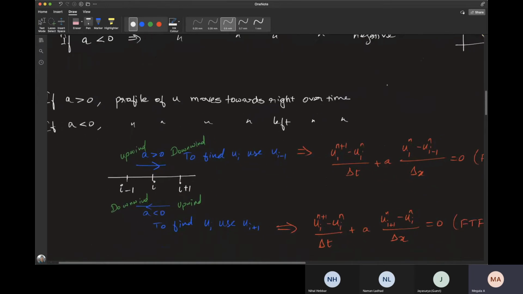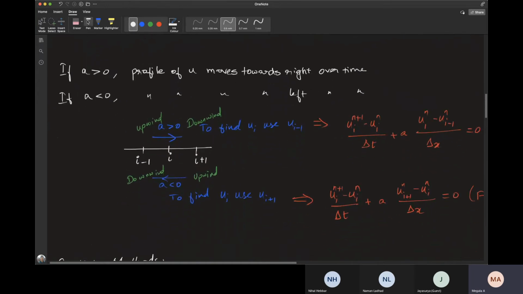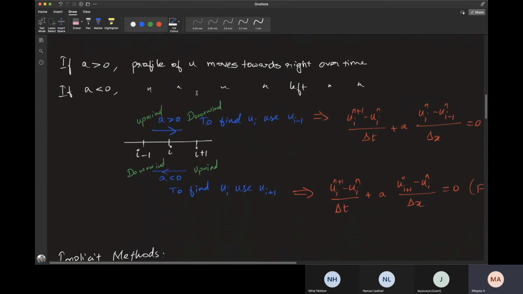Now we have something known as upwind and downwind. Let's consider this stencil, i minus 1 and i plus 1. Suppose a is positive, a is greater than 0, then the solution will move towards the right.